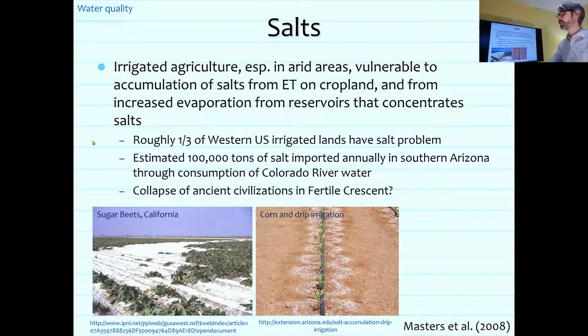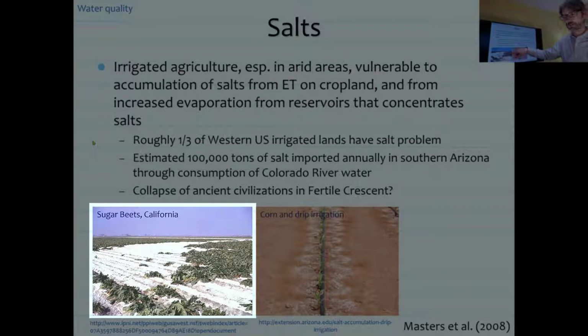It's estimated that 100,000 tons of salt are imported annually in southern Arizona through the consumption of fresh water, the Colorado River. And there are theories that the collapse of ancient civilizations in the Fertile Crescent in the Middle East are related to this salinization of irrigated agriculture.